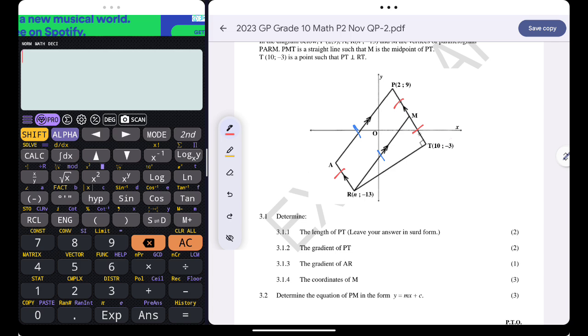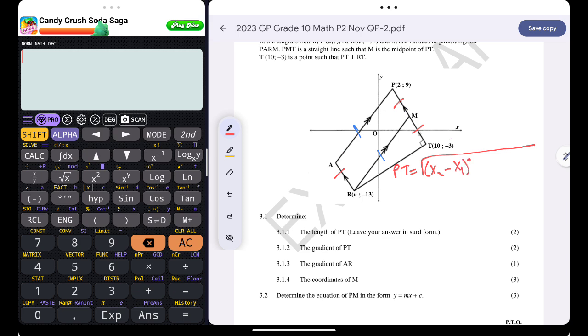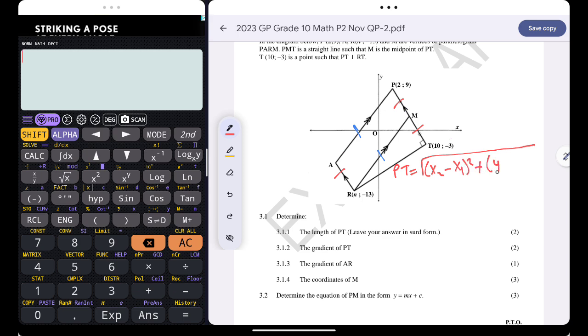Let's start answering the questions. We are supposed to find the length of line PT. We can simply use our distance formula. PT is equal to the square root of x2 minus x1 all squared plus y2 minus y1 all squared.